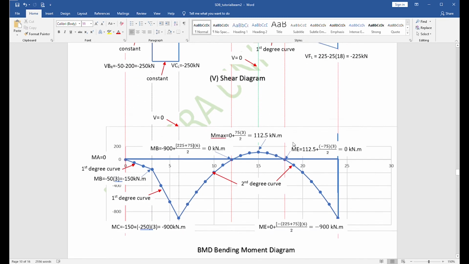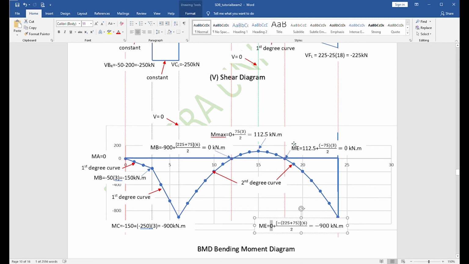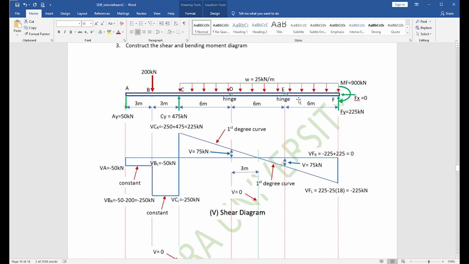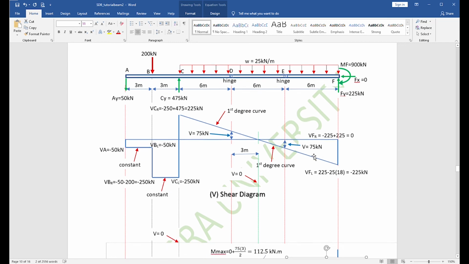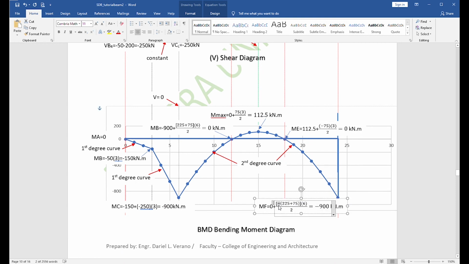Okay, so point E na tayo. So this is the moment at point F, I should say, so I'm sorry. So itong moment at point E na ito that is equal to 0, ito yun. Then, we will add the area of the shear diagram between E and F. Itong negative area ng trapezoid na ito. That is 75 at saka 225. So, consider natin yung sign dun sa labas.